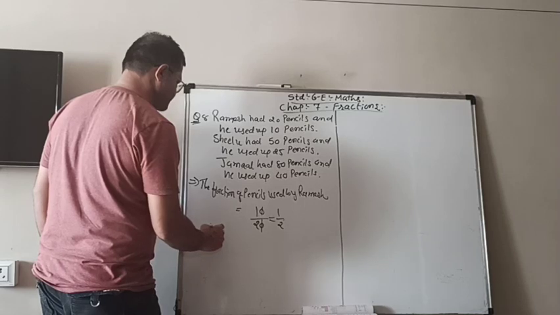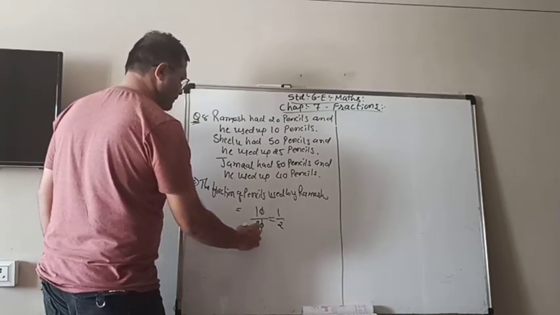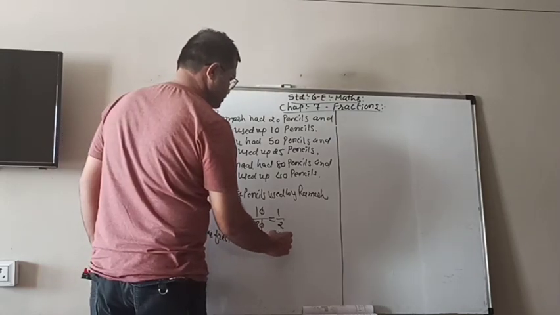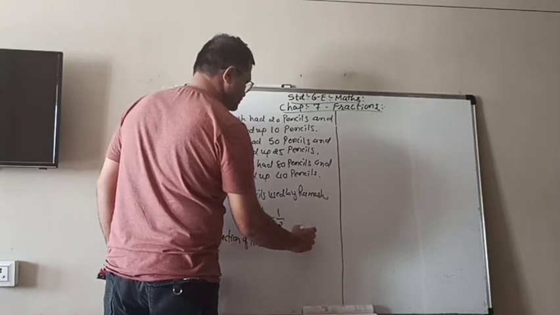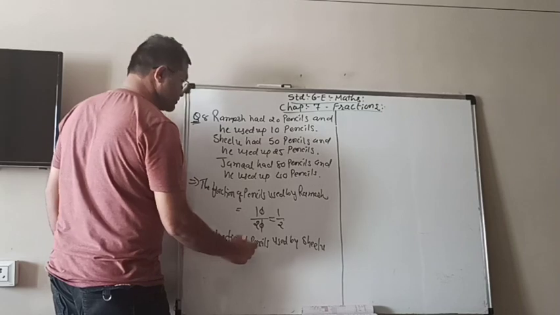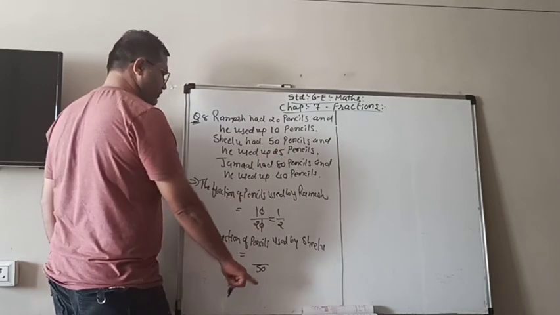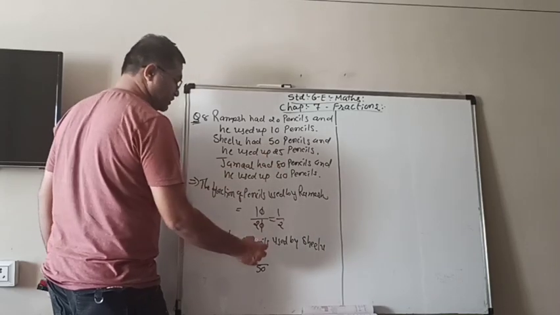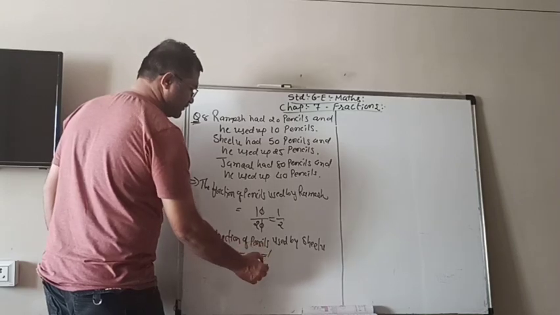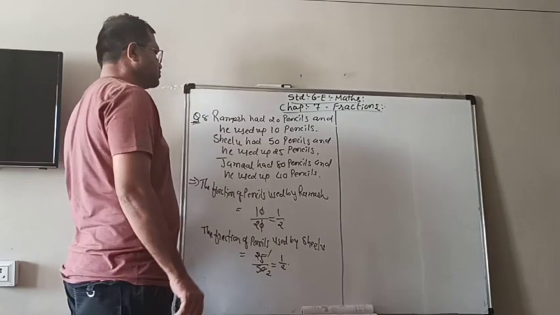Then the fraction of pencils used by Shilu. So now Shilu had 50 pencils. So the denominator will be 50 and used up 25. So 25 ones are 25. So his fraction is also 1 by 2.